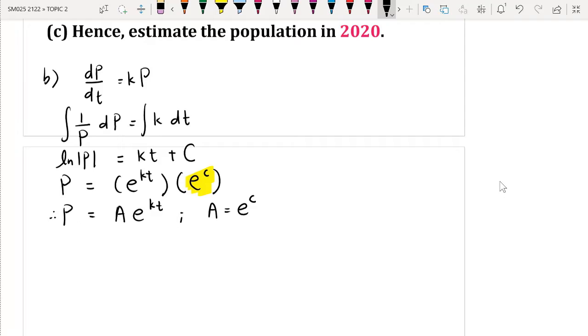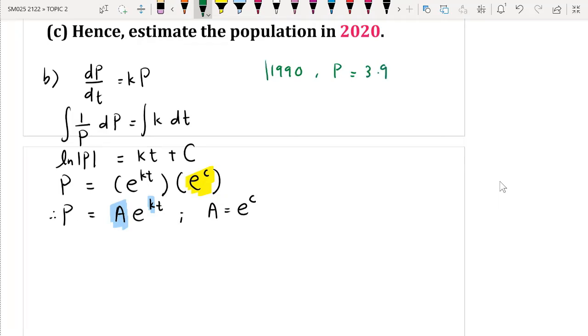But we haven't solved what the question asked for yet, because we want to find the population at time t. But now we have extra constants here, which are A and k. So what do we do now? We have to find the values of A and k using the info given in the question. The first info says that in 1990, our population is 3.9 million.